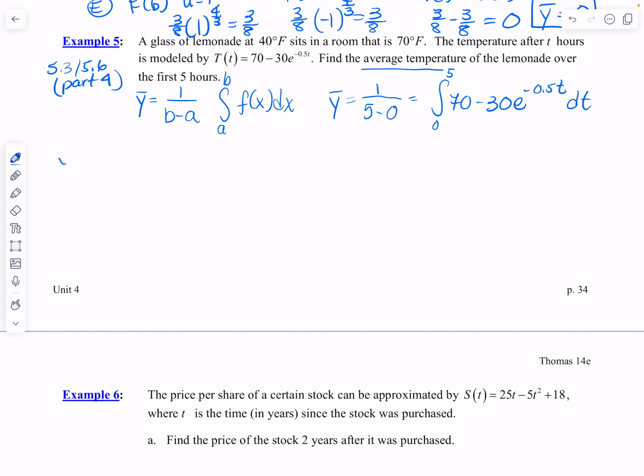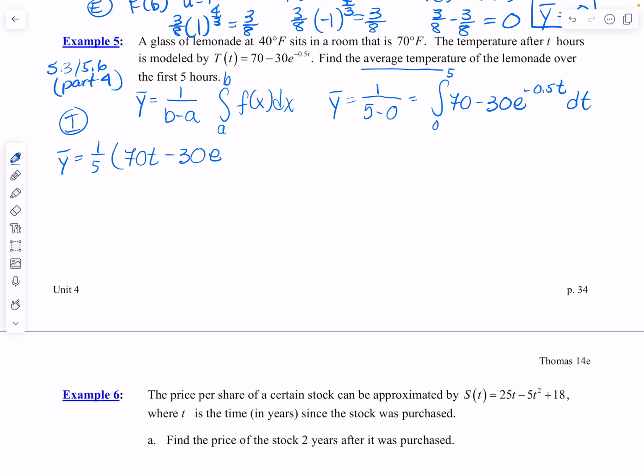So this looks like y bar equals 1 over 5. We're going to simplify that, and then I'm going to integrate the 70 minus 30e to the negative 0.5t. When I integrate it, I get 70t minus 30, that's the coefficient, e.